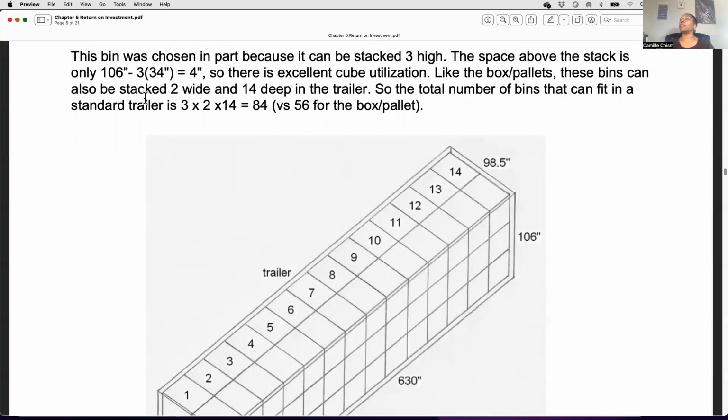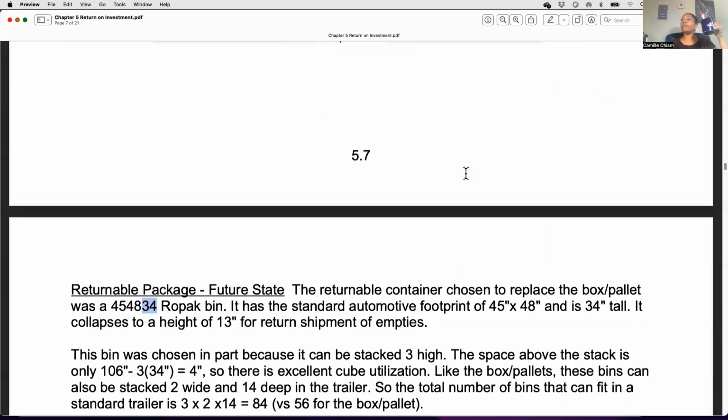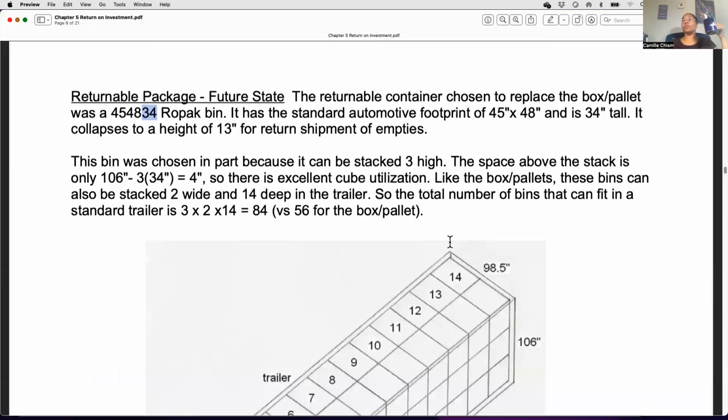Also, you can go 2 wide and 14 deep, just like this one. Sorry, 14 deep and 2 wide. So it's the same. The only difference is that you went from 23 inches, where you had a constraint of stacking 2 high because of compression. Now you don't have to constrain.